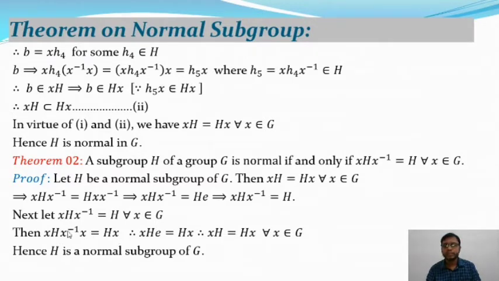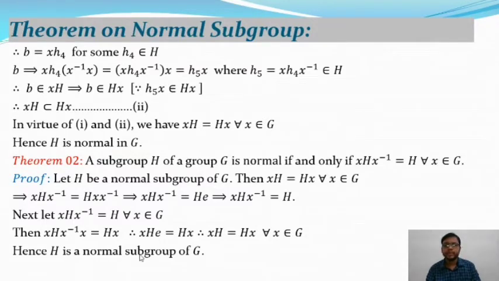And you know that x inverse x is equal to e, and e belongs to G. So therefore xHe is equal to Hx. That means xH is equal to Hx for all x belongs to G. So hence H is a normal subgroup of G. Hence the proof of the sufficient part of the above theorem.